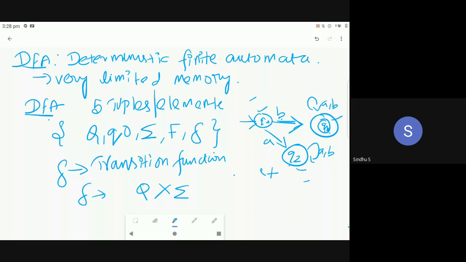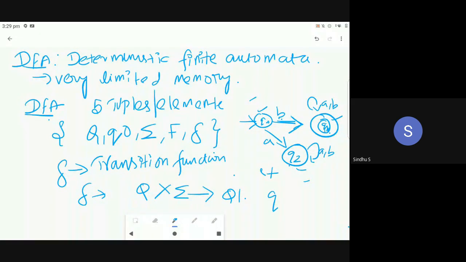On any state Q, if you apply an input symbol, it will move to another state. So this is the representation of the transition function. The fifth tuple is used to represent the transition function. The transition function is the way of writing which state it is moving to whenever you apply an input to that particular state. So that is a transition function.